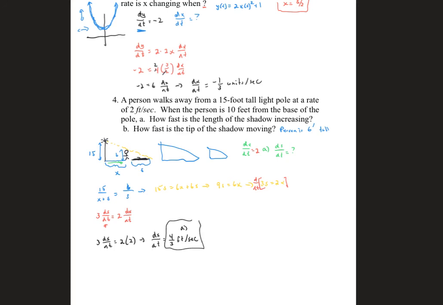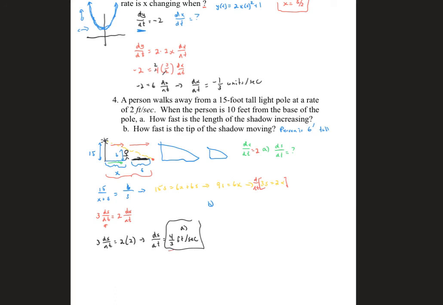And then to answer part B, what we want to know is how fast the tip of that shadow is moving. The tip of that shadow right here is at the end of this distance right here. As the person is walking away from the light pole, that's pushing the tip of the shadow out further. At the same time, that shadow itself is growing also.